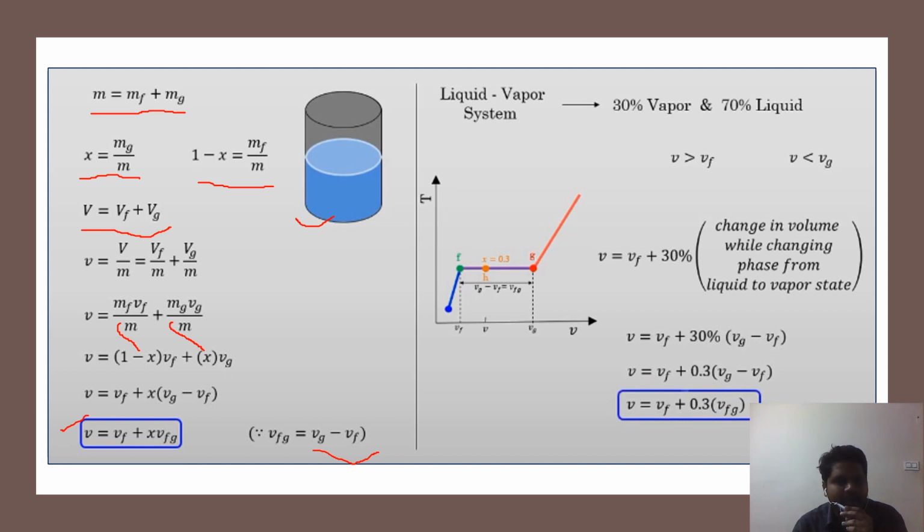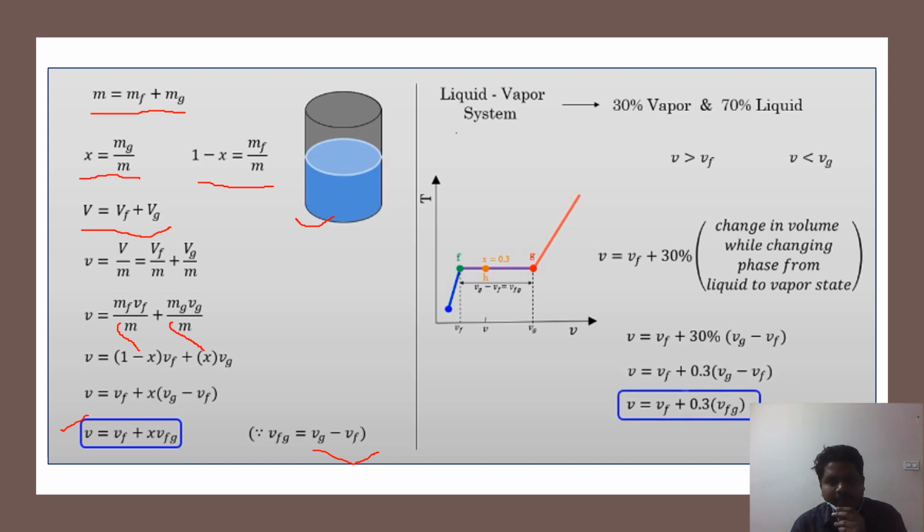In the same way we can write it for specific enthalpy and specific entropy also. For specific enthalpy, h equals hf plus x into hfg. For specific entropy, s equals sf plus x into sfg. So the same equation we can write in terms of enthalpy and entropy also.